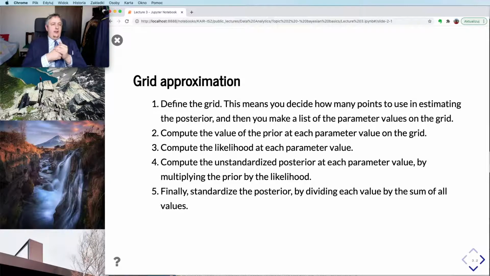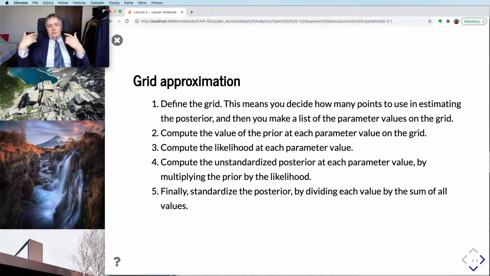In order to get it normalized, we would usually need to also have the probabilities of all the possible cases. But in this case, we make it much easier. We standardize our posterior, because our posterior will become a sequence of discrete values corresponding to our grid. So if it were a probability distribution, the sum of all those values would be equal to 1.